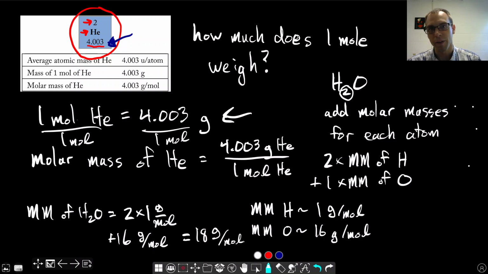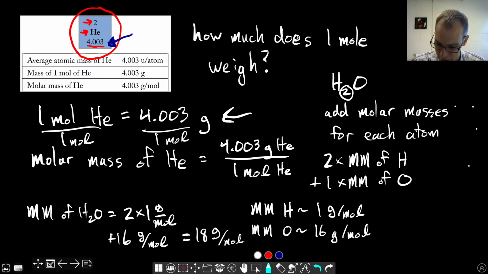We can get a more accurate value by using all of the digits that are in the periodic table. But that's the basic idea of how we get a molar mass for an element. We just look it up on the periodic table, and for the molar mass of a molecule, we just add up the molar masses of each of the atoms that are present in the molecule.